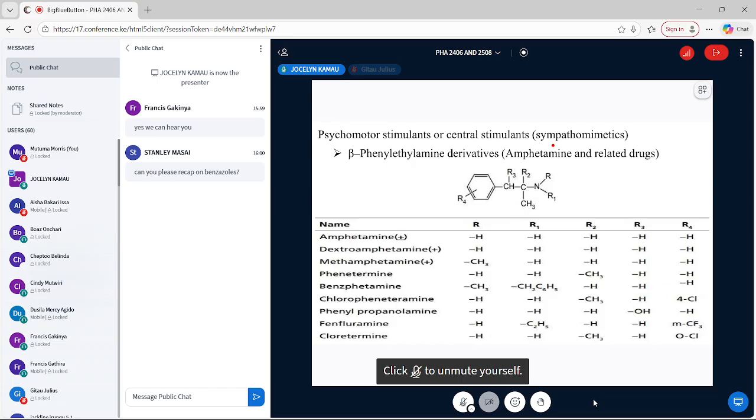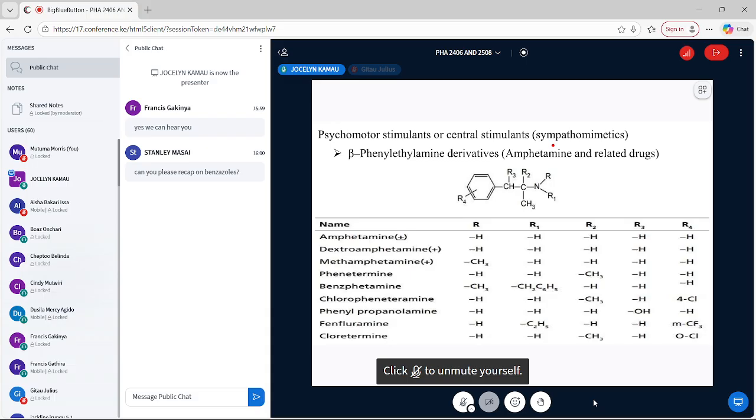Phenylpropanolamine: hydrogens everywhere, and R3 here is an OH. What do we expect that to do? We expect the hydroxyl group to increase the polarity, and therefore decrease the ability of that compound to pass through the BBB.